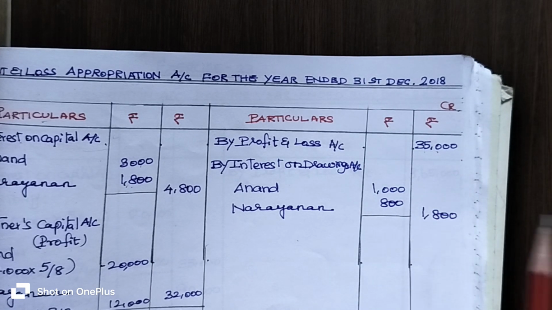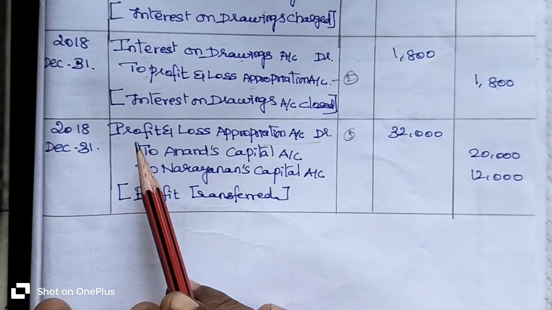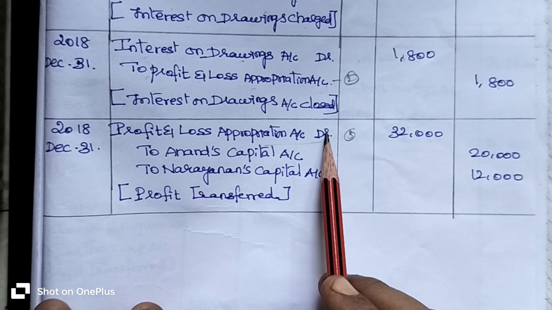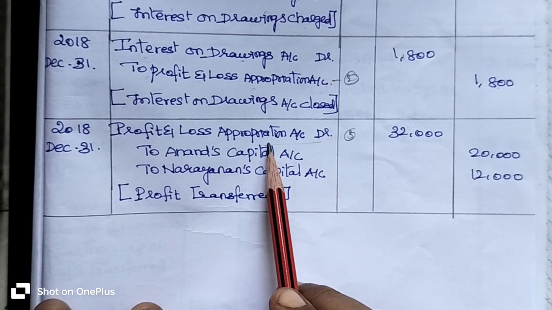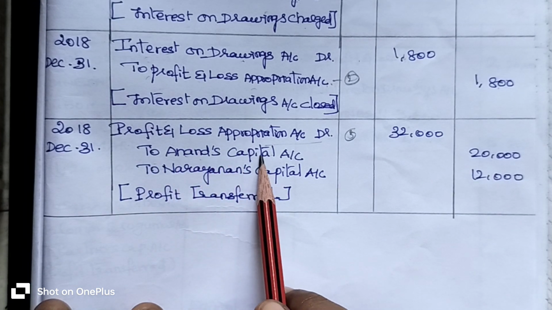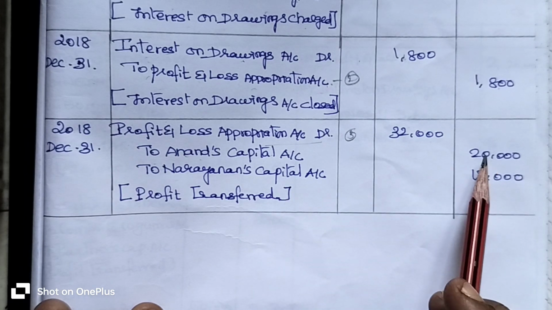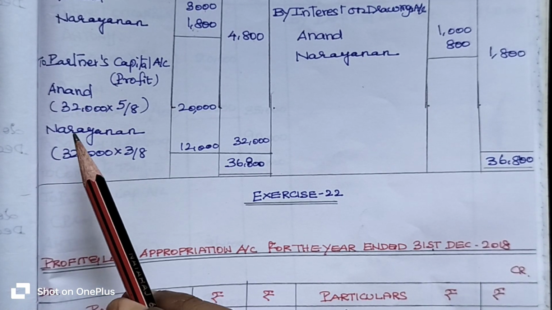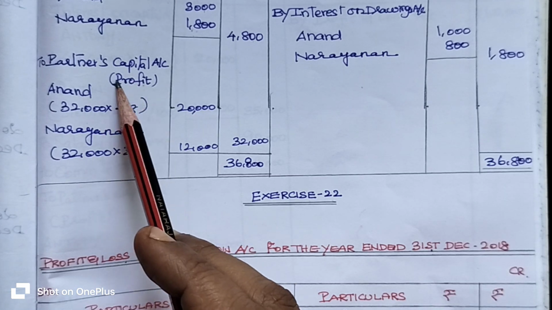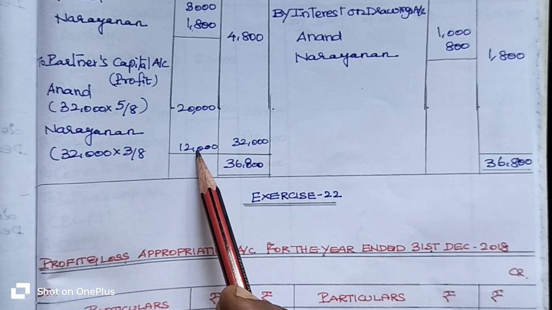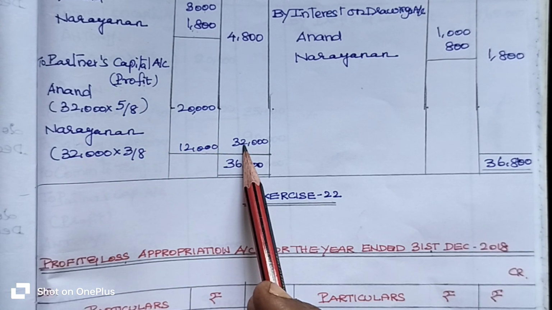Then in the journal entry, profit and loss appropriation account is on the debit side. So you go to the debit side and enter the opposite accounts, that is Anand's capital account and Narayan's capital account, the partners' profit sharing amounts, 20,000 and 12,000 respectively, totally 32,000 rupees.